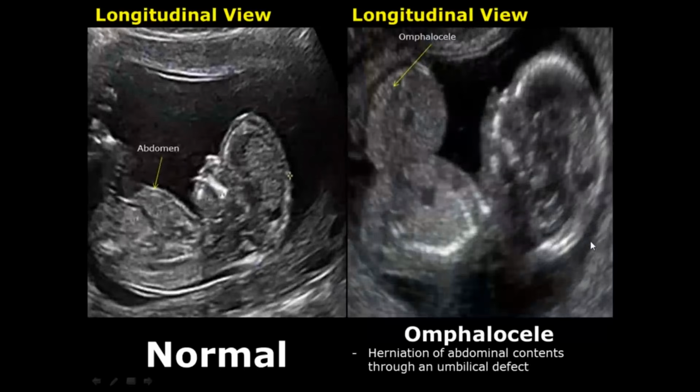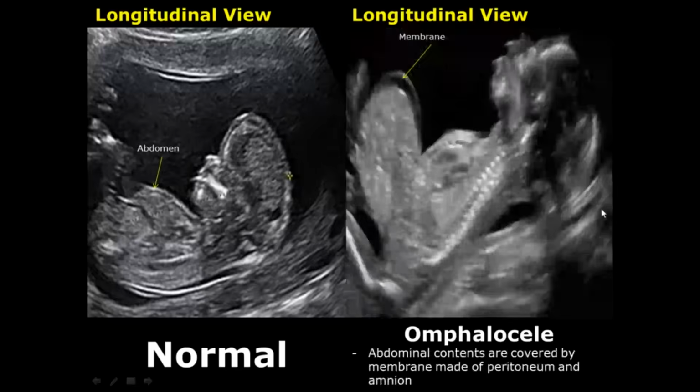In an omphalocele, there is a herniation of abdominal contents through an umbilical defect. Here we can very easily see herniated abdominal contents in this longitudinal view. The herniated abdominal contents will be covered by a membrane which is made of amnion and peritoneum.